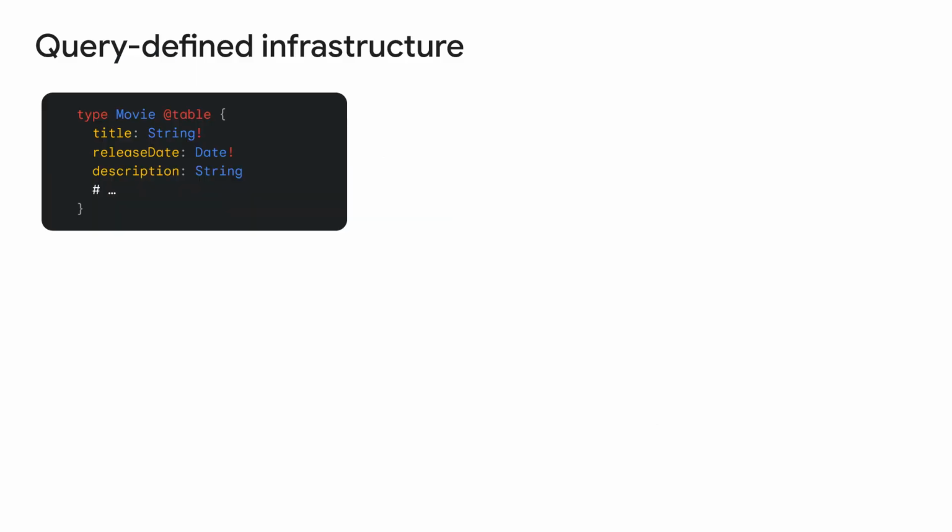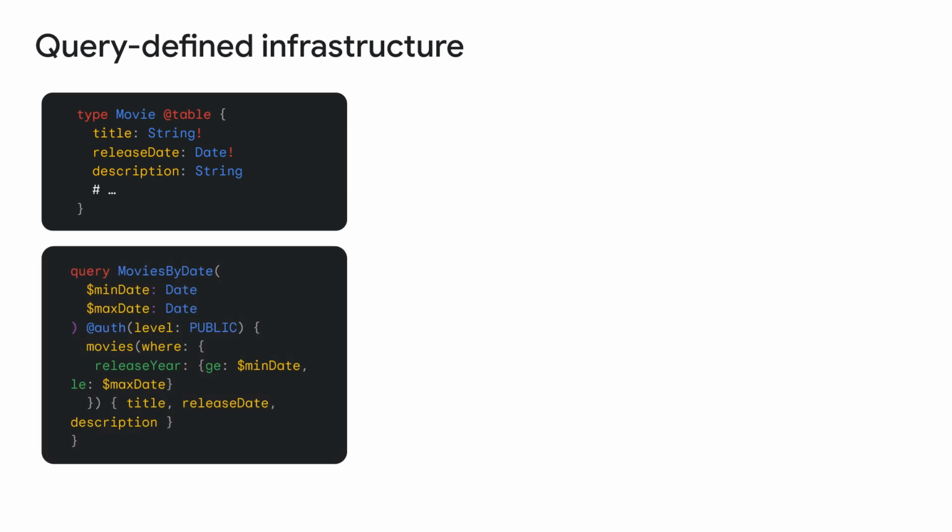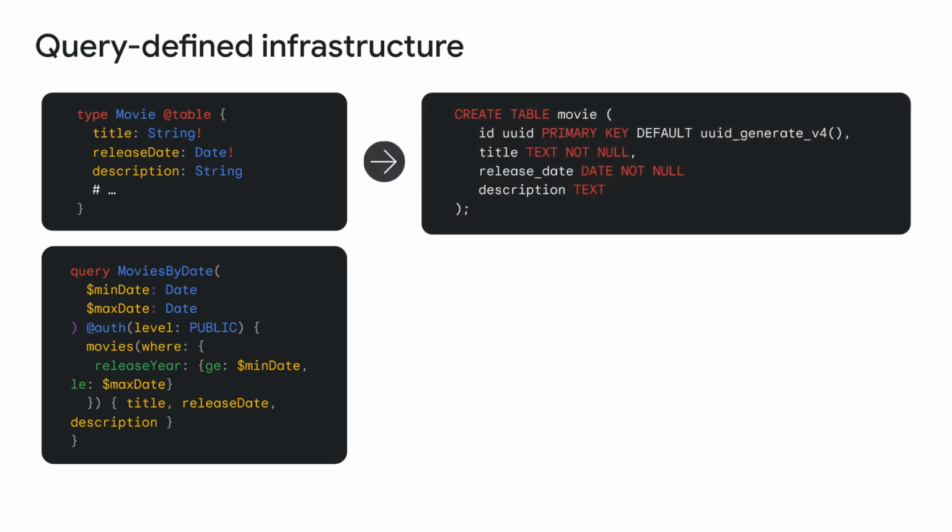We start with our schema and define our query. In our query, you can see that we have security built in with the auth directive and are pulling movies within a certain date range. Data Connect will take the schema and query and generate SQL to maintain your schema inside your Cloud SQL instance.